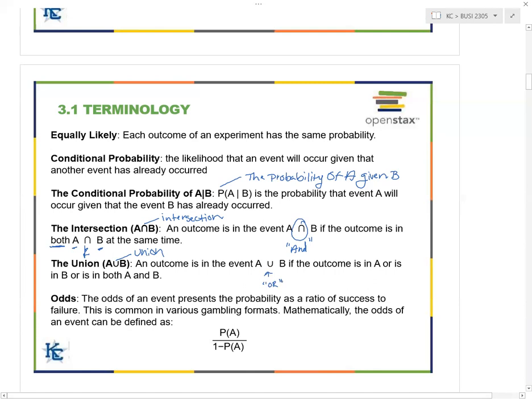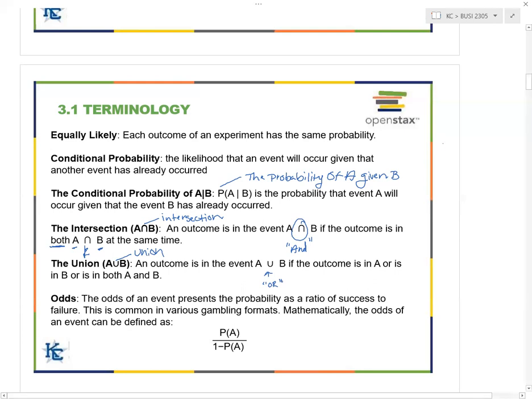So odds are not the same as probability. Odds is what we use to determine chance. And chance and probability often get confused, but they're very different. So the chance of something happening is a percent. The probability of something happening is either a fraction or a decimal.